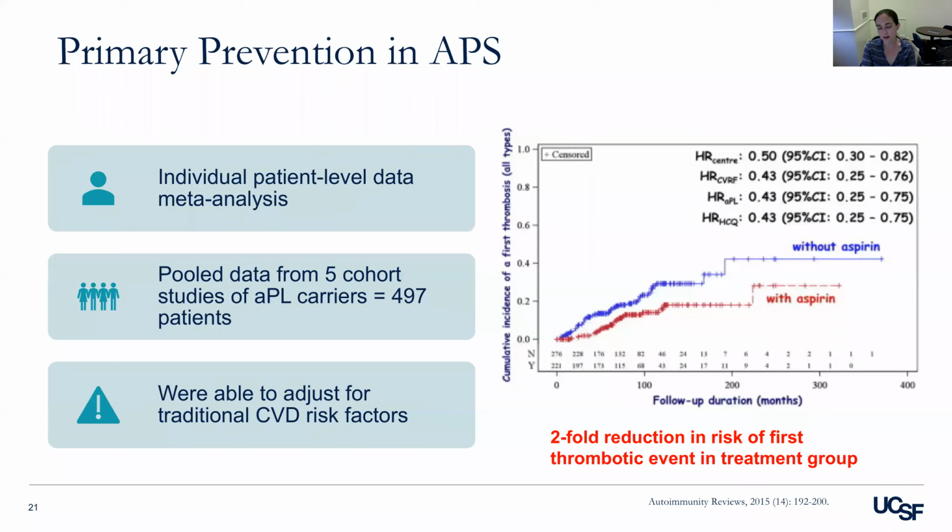And what they found in this study is that there was a 2-fold reduction in the risk of first thrombotic event in the patients that were treated with aspirin here in red compared with those that were not treated with aspirin here in blue. So again, not RCT level data, but a well-done meta-analysis which conflicts in terms of its results with the one RCT that we do have.